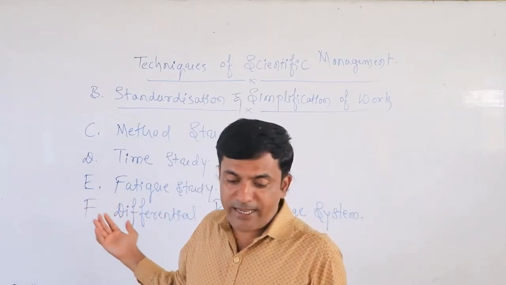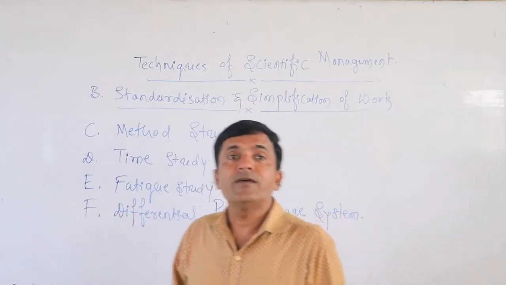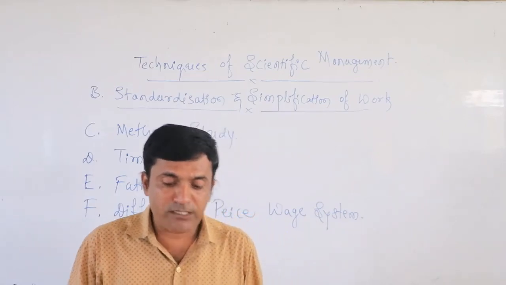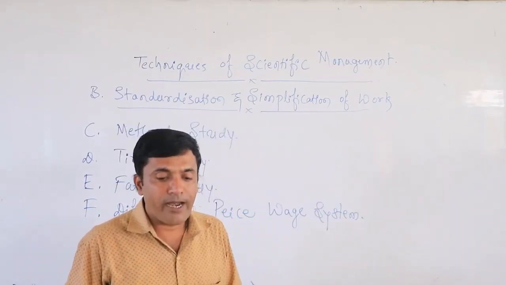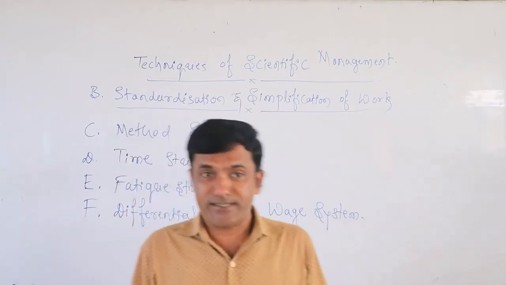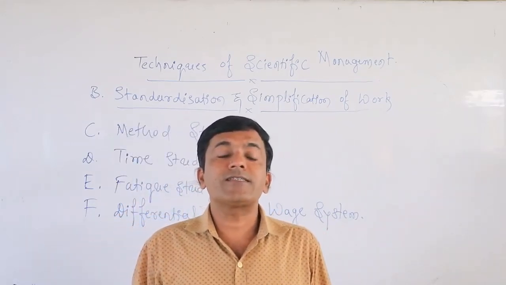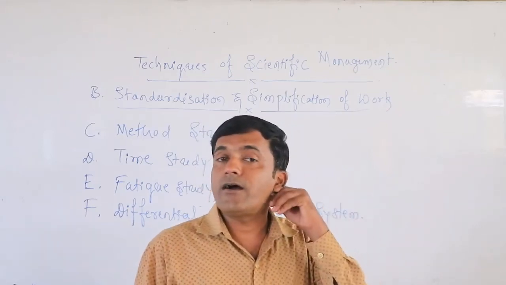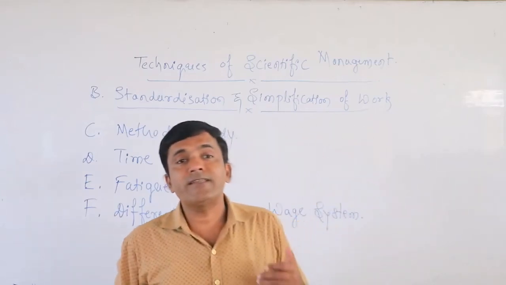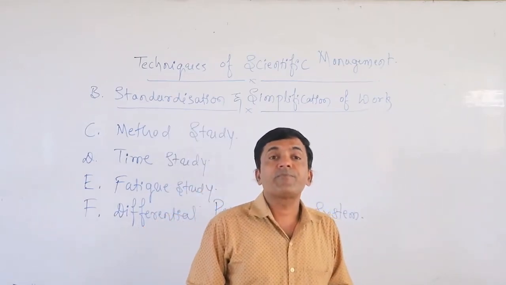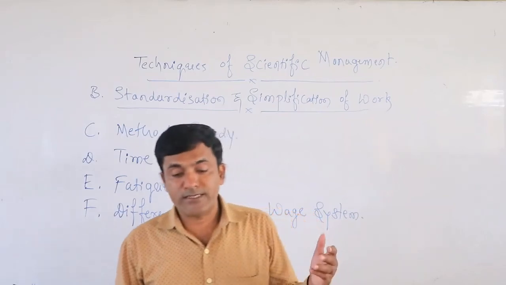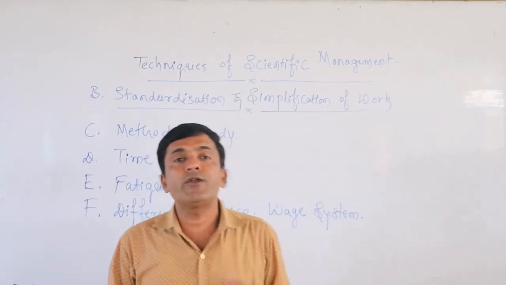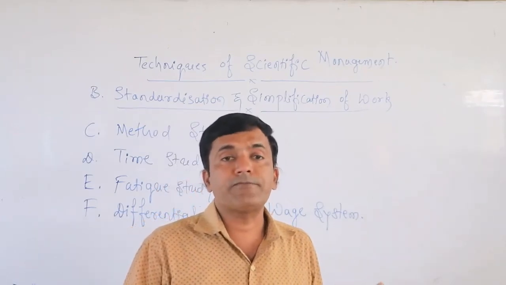Under this technique, that is the differential piece wage system, dear students, friends, we evolve a system wherein efficient and inefficient workers are paid at different rates. Very important: if the worker is working very hard and also maintaining the quality of production, he is a very standard worker, and in the organization we need to provide a higher rate of salary to him.